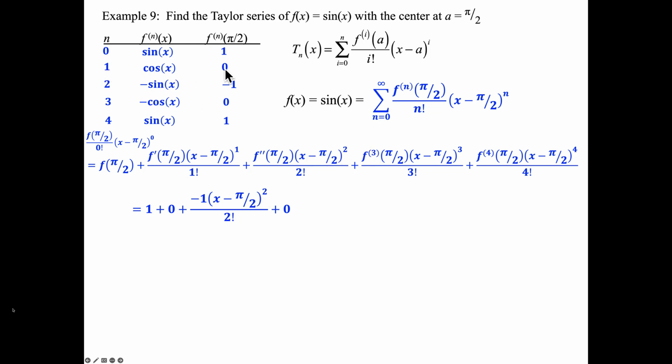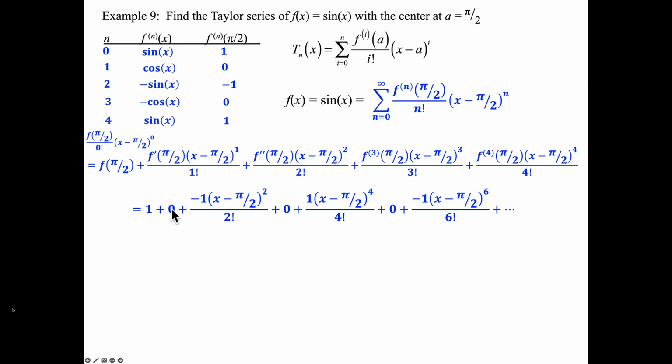All the odd derivatives are going to be a 0, plus the fourth, that's a 1, times x minus pi over 2 to the fourth over 4 factorial, that's a plus. Fifth term would be a 0. To the sixth, it'd be a minus 1, x minus pi over 2 to the sixth over 6 factorial, and that pattern would continue.